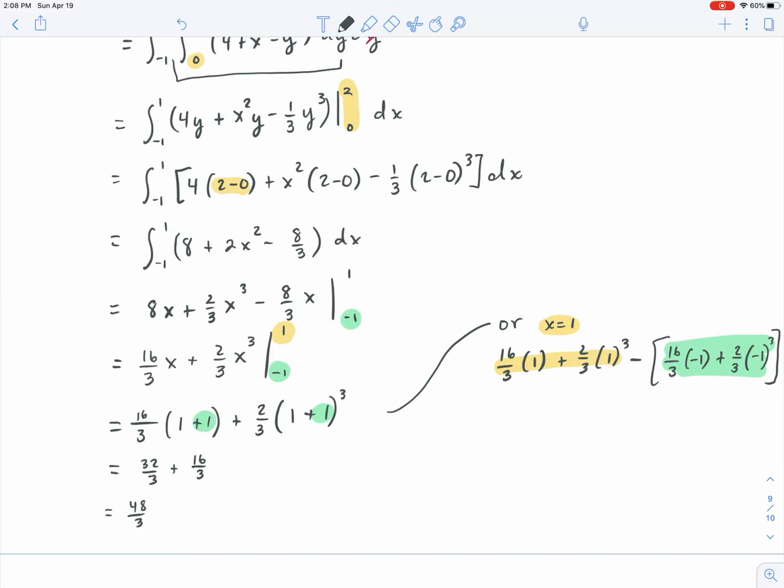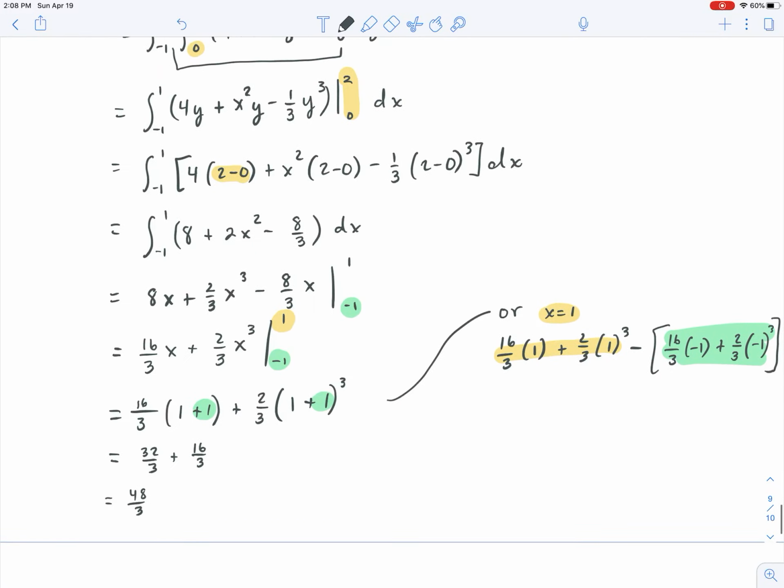And I'm going to hold my breath because that's not the right answer. It should be 12. Oh, wait. Is 48 divided by 3 12? It might be. Hold on. No, that's 16, isn't it? It should be 12. So let me just check what I did here. I'm not sure.